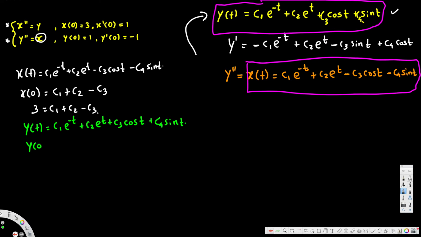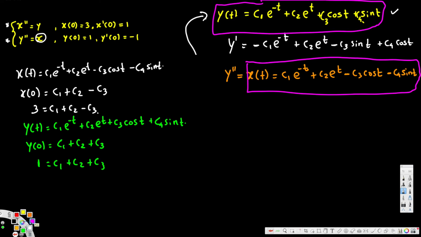Let's plug that one here. Y of 0 is c1 e power 0, which is just 1, and c2 e power 0 is again 1, and cos 0 is just 1, so c3, and then sin 0 is 0, so the whole thing is 0, and we know that y0 is 1, so 1 is equal to c1 plus c2 plus c3.